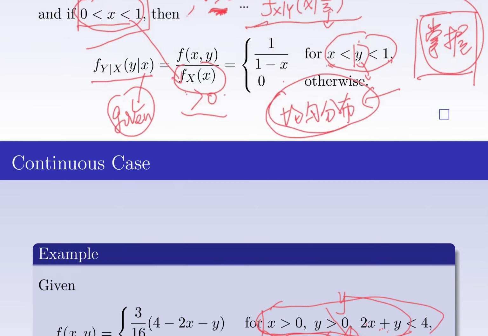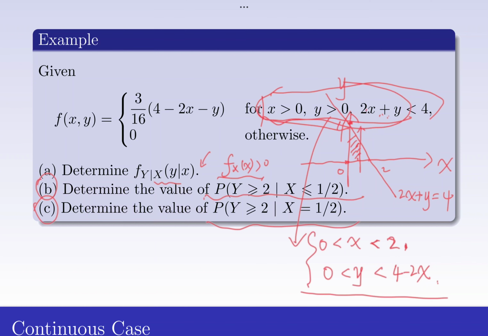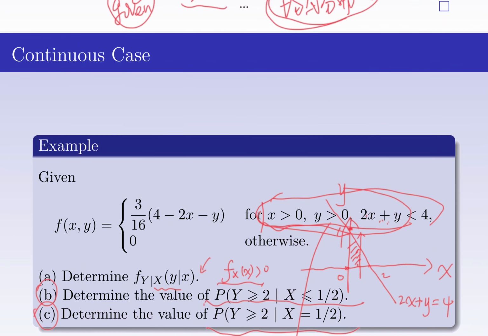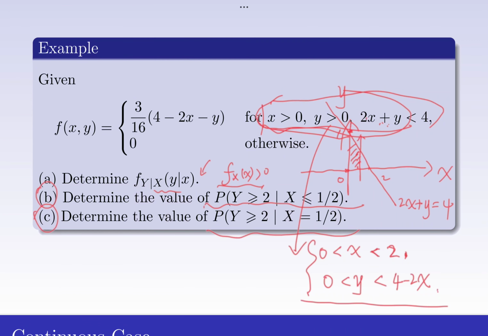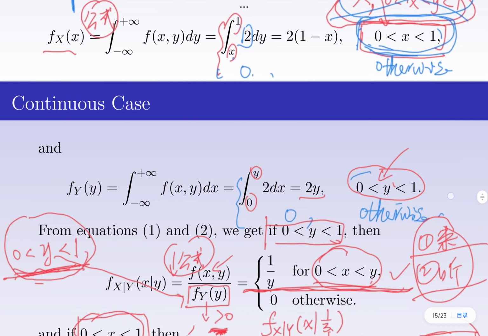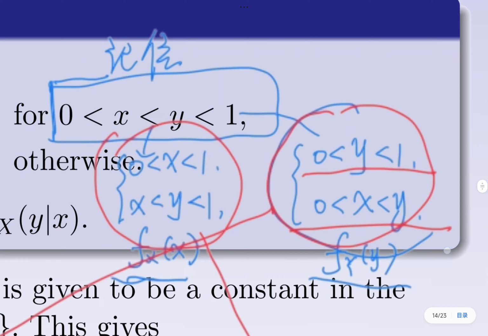Both of them are uniform distributions that consider the continuous case. These are just some typical homework. Okay, now I think it's very easy.